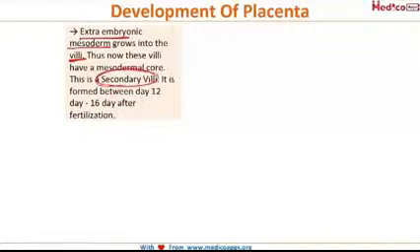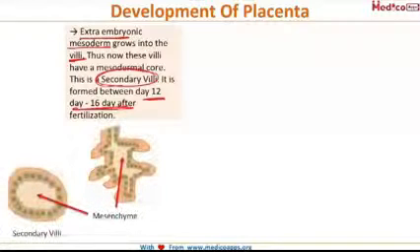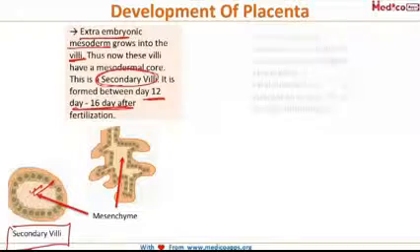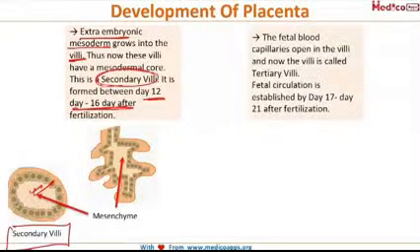So, secondary villi is formed between 12 to 16 days after fertilization, and we can see here the extra embryonic mesoderm which is growing inside the villi, and this is the structure of a secondary villi.